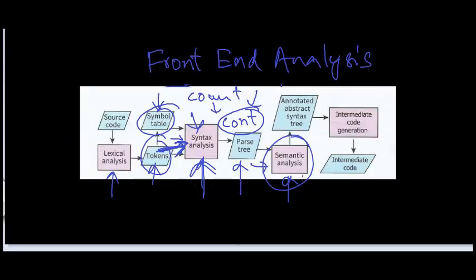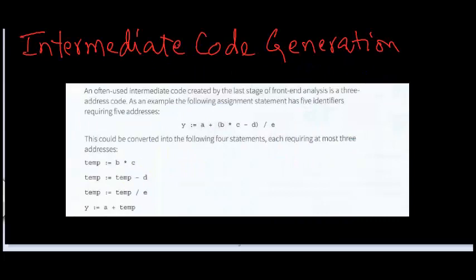Okay, now that the semantic analysis has been performed, the annotated abstract syntax tree has been created. It is time now for intermediate code generation. During the intermediate code generation, an intermediate code is created by the last stage, which is obviously this intermediate code generation stage, right?